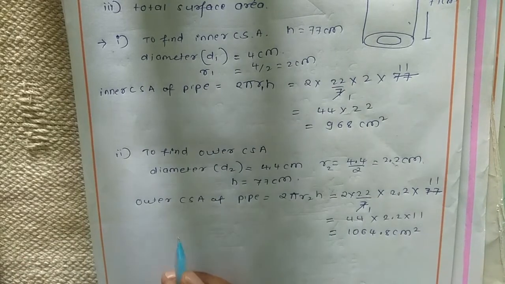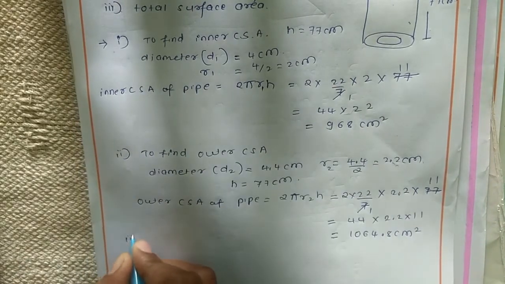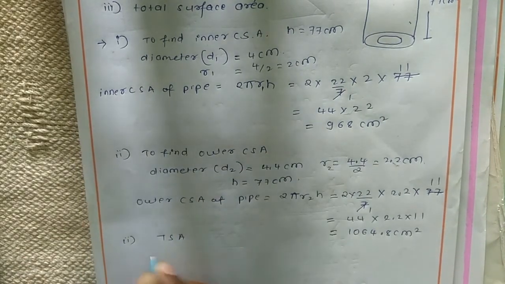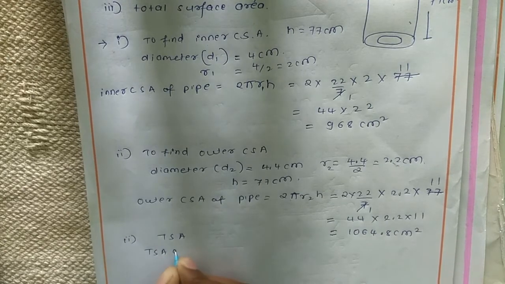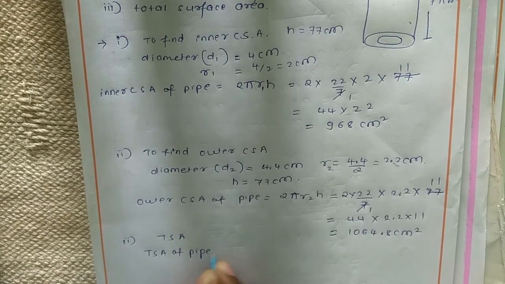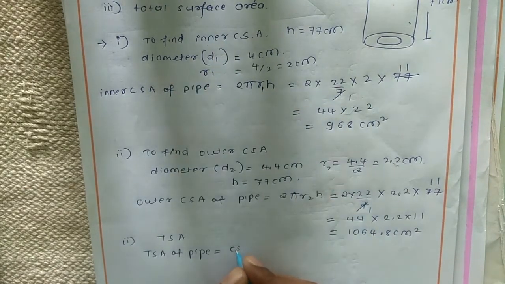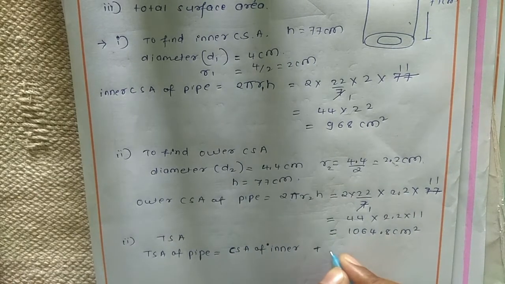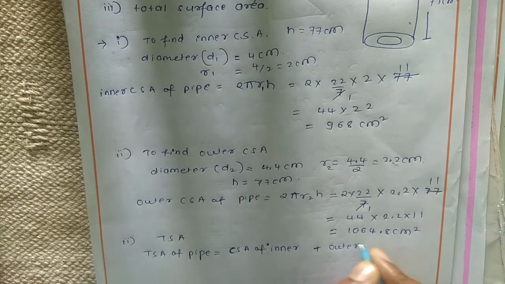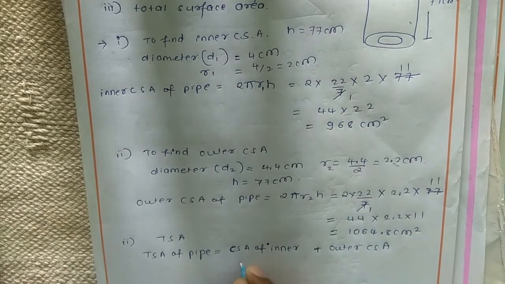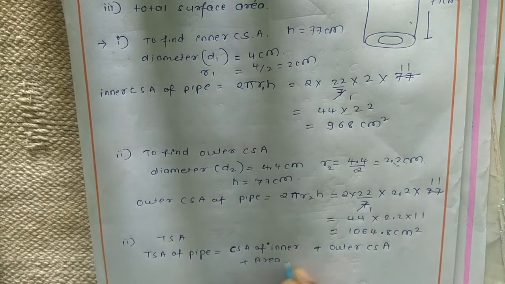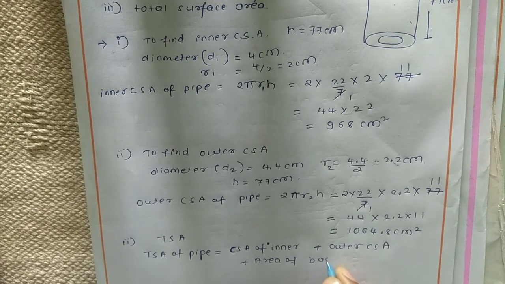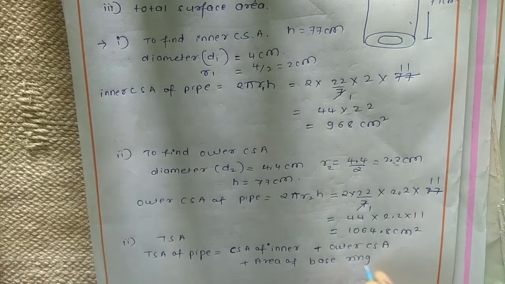So let us start. The third one we'll find out, TSA. So the TSA of the pipe includes CSA of inner, inner curved surface area, plus outer CSA, plus area of base rings. So base and top you can take.